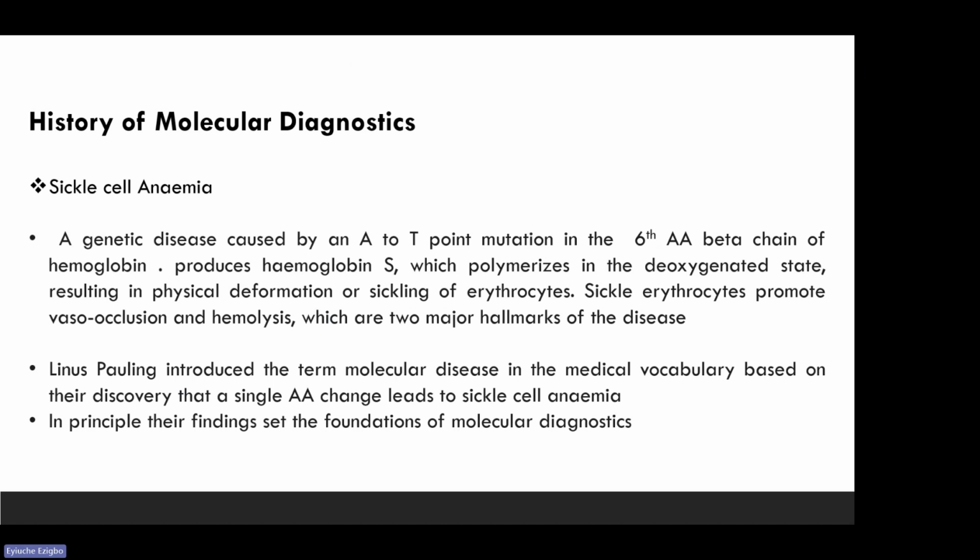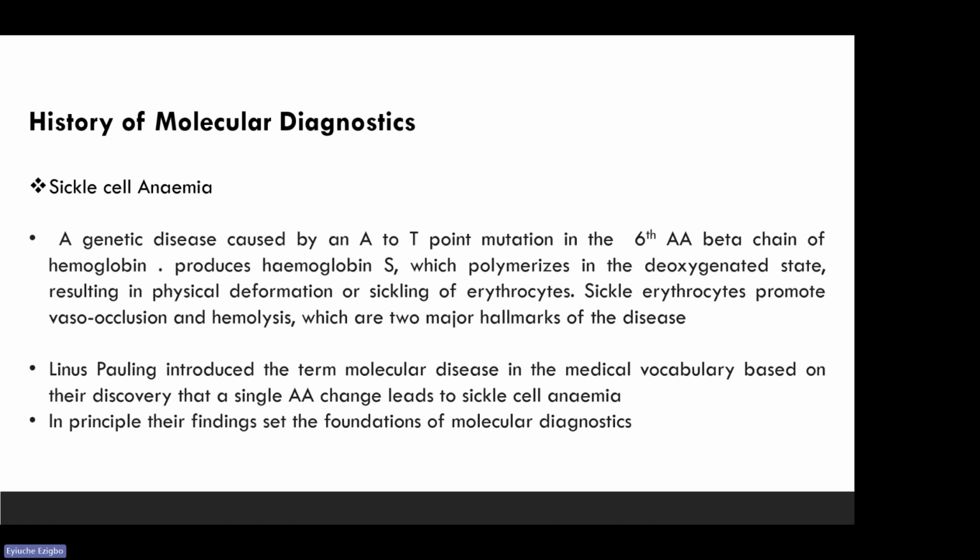So, the history of molecular diagnostics. Using sickle cell as a case study, it's a genetic disease caused by an A to T point mutation in the beta chain of hemoglobin, which produces hemoglobin S, which polymerizes in the deoxygenated state, resulting in physical deformation or sickling of the red cell.